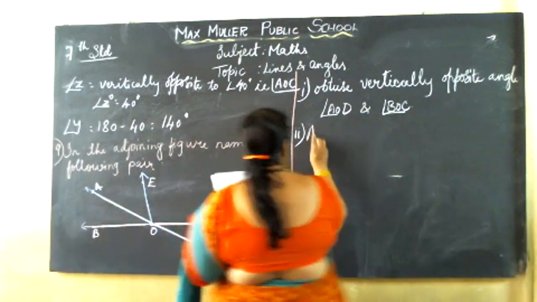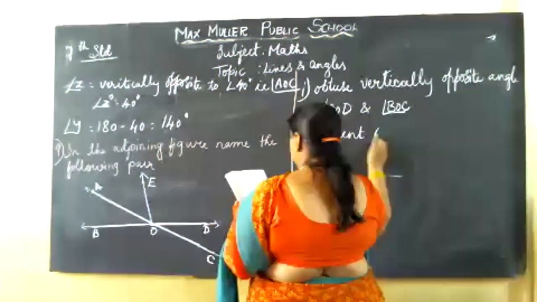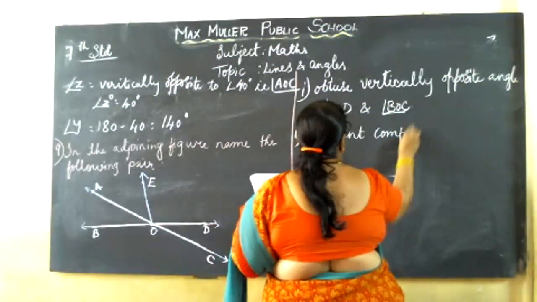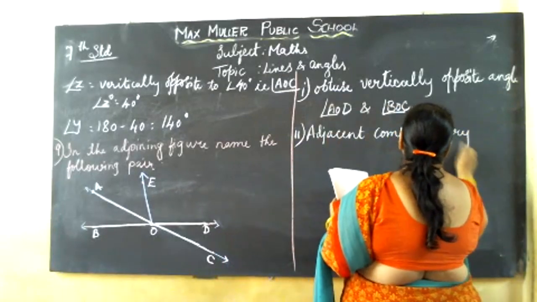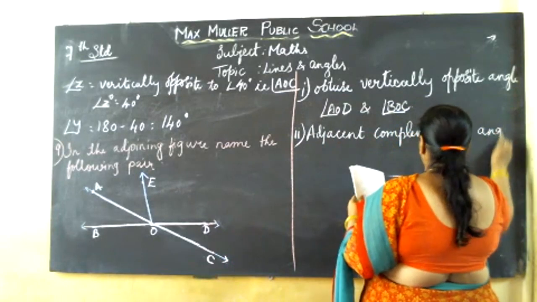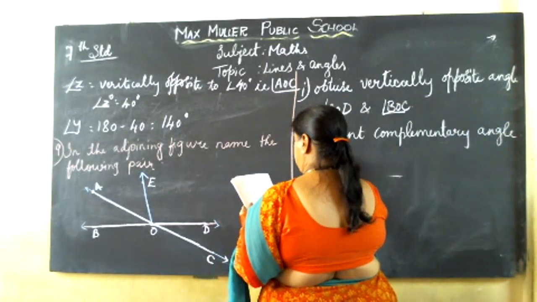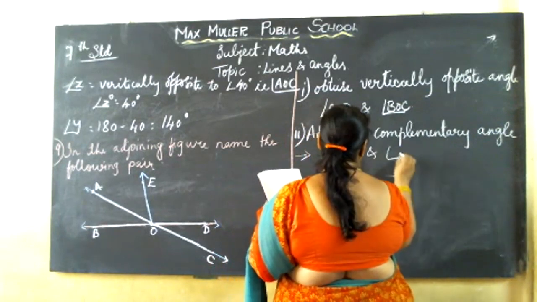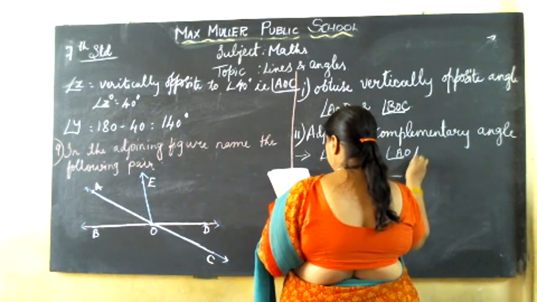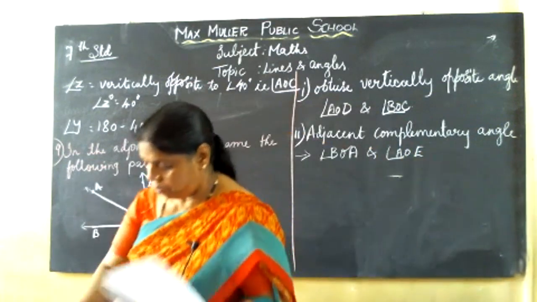Adjacent complementary angle. That is angle BOA and angle AOE. I'll show you.